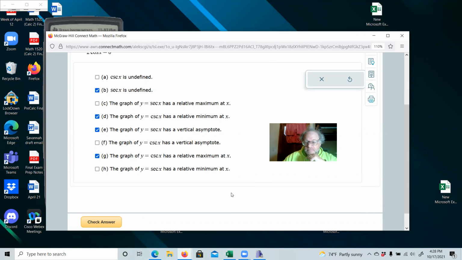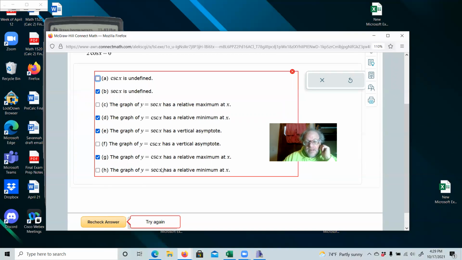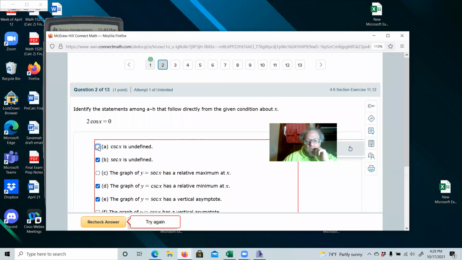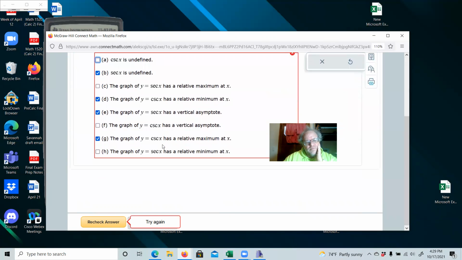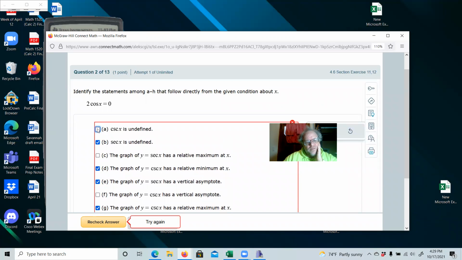And the secants are asymptotes here. Cosecants are not. So let me cross my fingers and hope for the best. Oh, cosecant. That's not true. Cosecant is undefined? Looks defined.